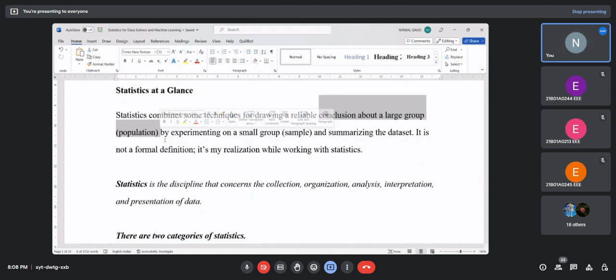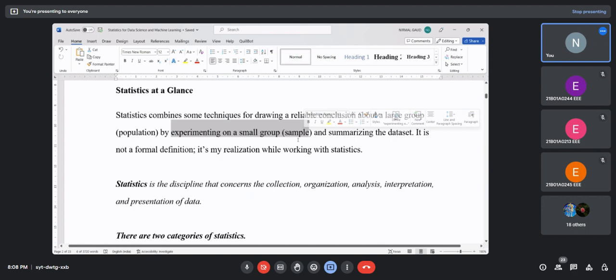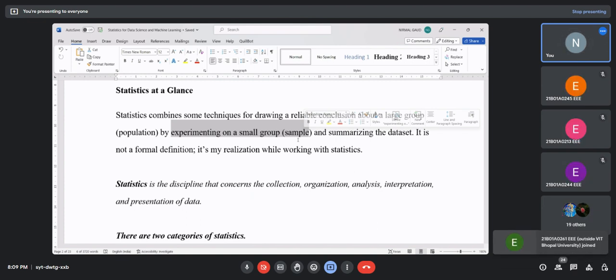If I consider every woman in your city, that will be called a population. I'm not talking about the population, but I'm going to perform the experiment on a small group out of the population. That means I'm going to take some sample. So out of 1 lakh females, for example, if that is the population, I'm going to do the survey on some sample, that is near about 3,000, 4,000. It will not be possible for me to do the survey on 1 lakh females.